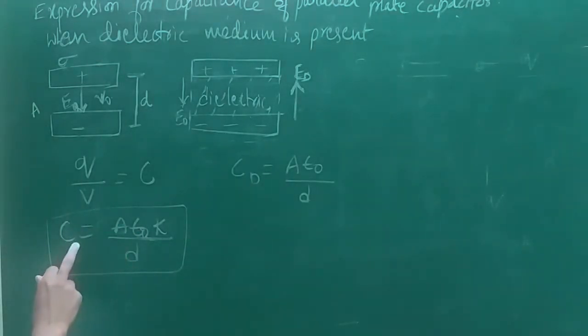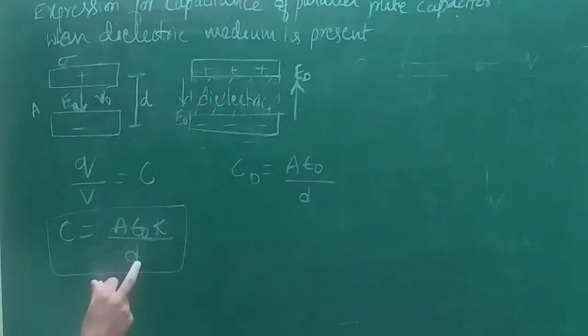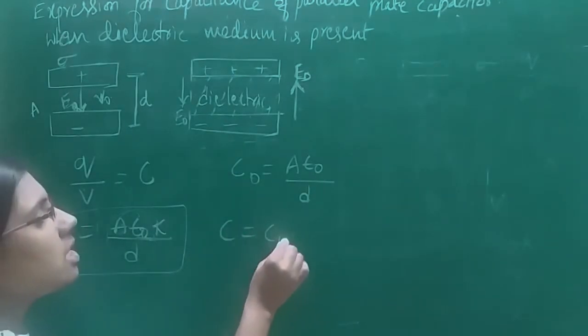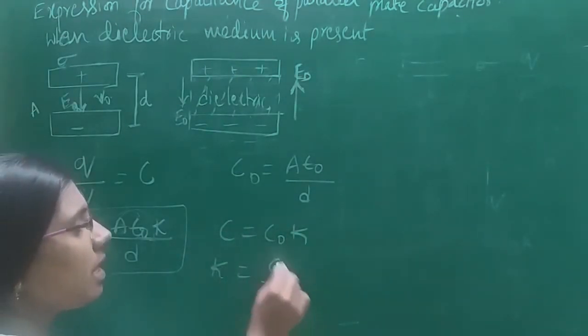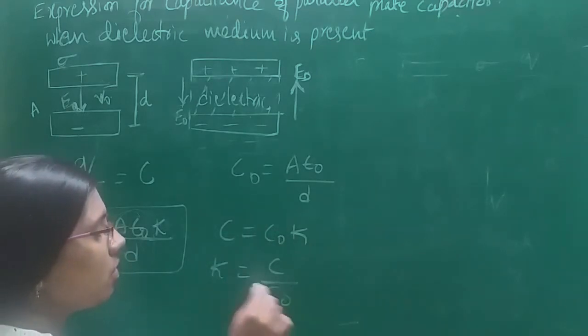After inserting the dielectric, it becomes A epsilon naught K by D. Here, in place of A epsilon naught by D, we can introduce C naught. Therefore C can be written as C naught into K. Now K can be written as C by C naught.